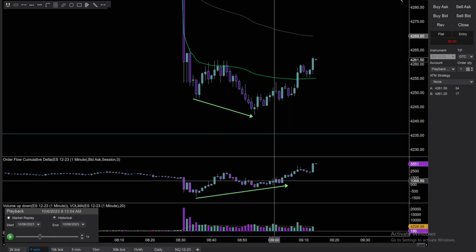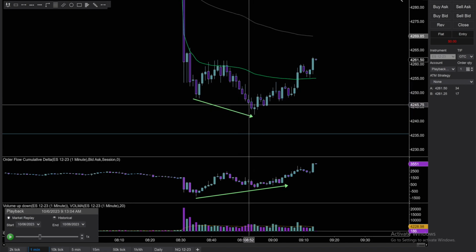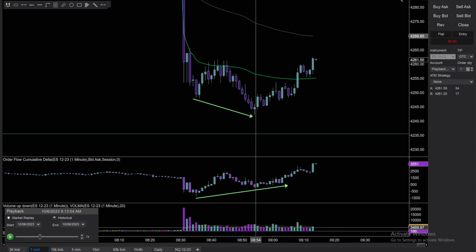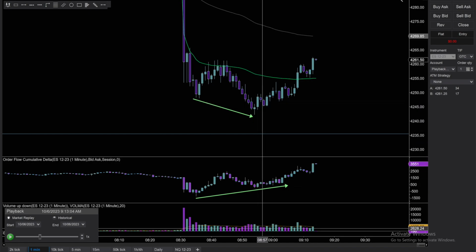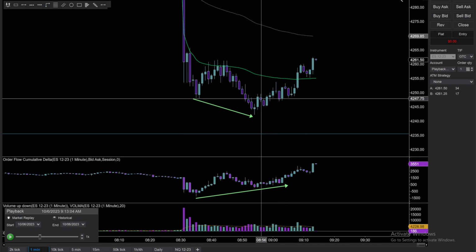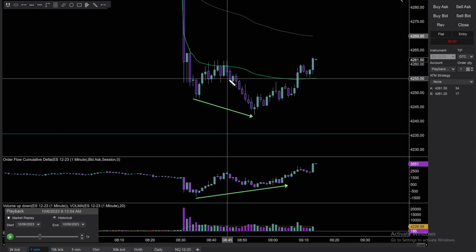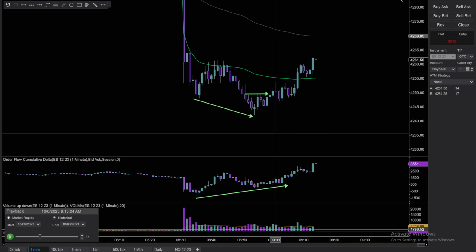Now, the other thing I want you to notice is the volume. After this last push down, when we first made these two bullish candles, the volume was okay, and then these next two candles down had very weak volume. On this push up, when we broke this little micro swing high, notice the volume started to increase on the move upward.